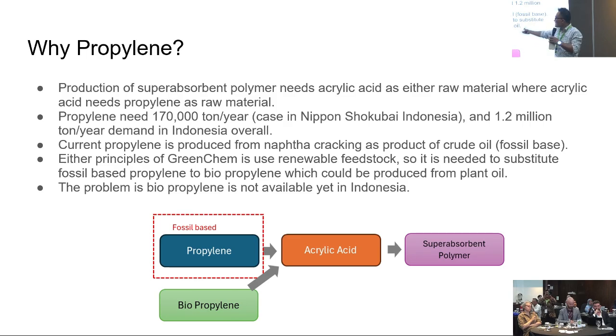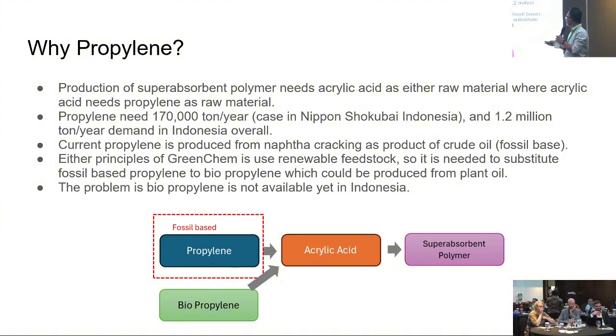And all the propylene is coming from naphtha. Naphtha is a fossil fuel, right? And almost all of it is imported from outside, from the Middle East.